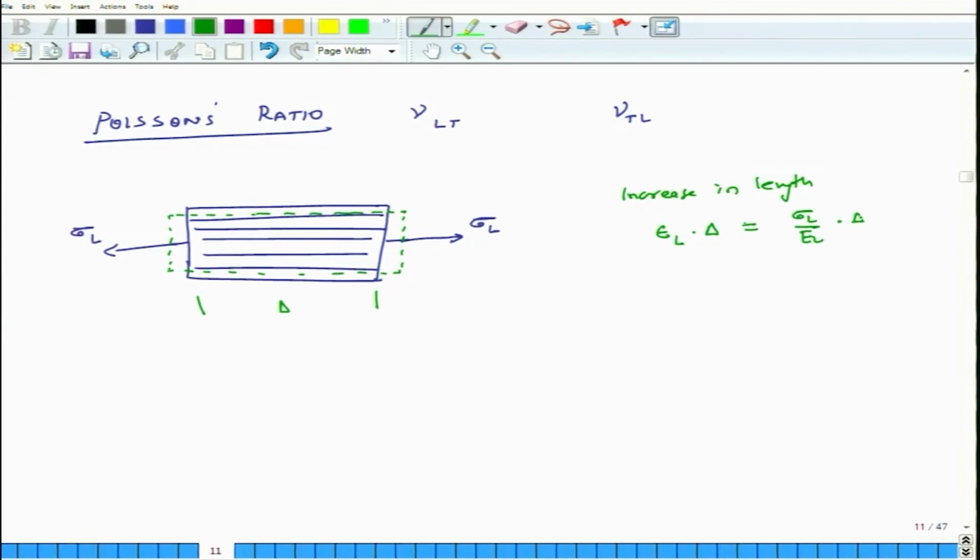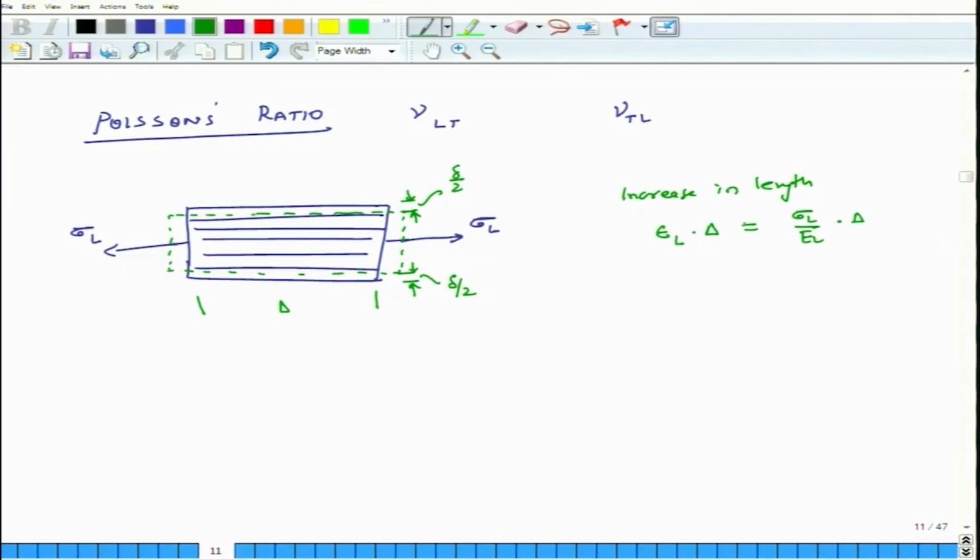So, this is the increase in length in the length direction, but it not only becomes longer, it becomes a little thinner. This is the reduction in thickness. Let us call it delta by 2, and then there is also a reduction in thickness on the other side, which is delta by 2. So, the total reduction in thickness is delta.